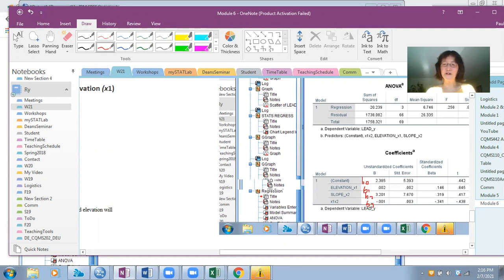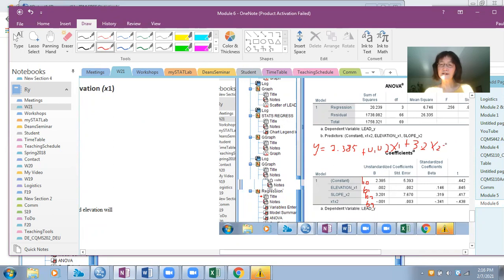So the equation is y equal to 2.385. This is B0 plus B1. B1 is 0.02 times x1. And then plus B2, 3.2 times x2.